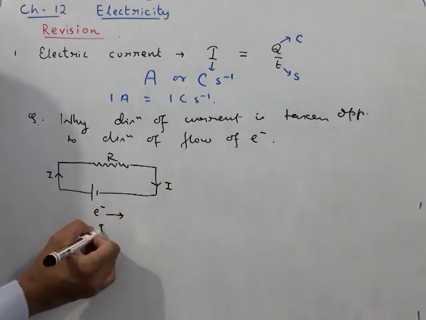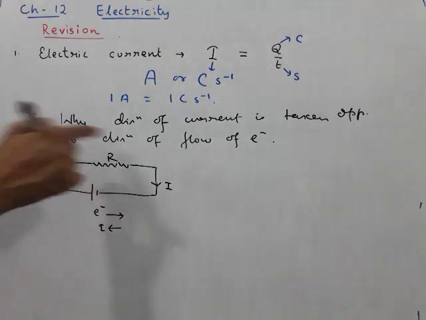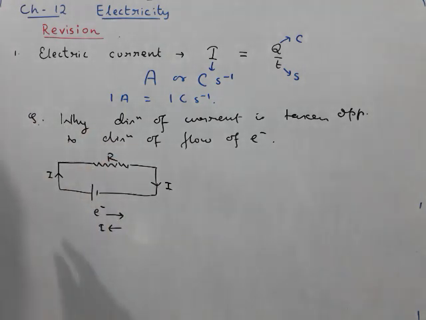So current is flowing in this direction, that is in clockwise sense. In this particular figure, electrons have direction in opposite sense. Why is this so? See, this question doesn't have any answer. Nobody can answer why, but everybody can tell you it is like that.